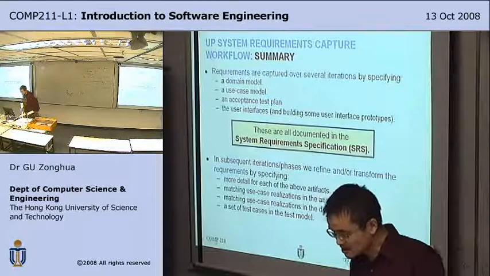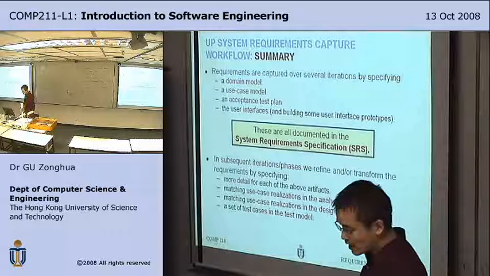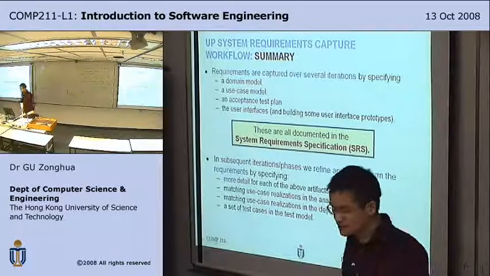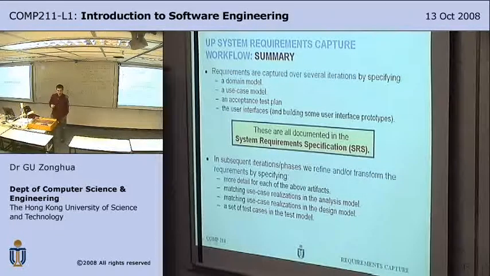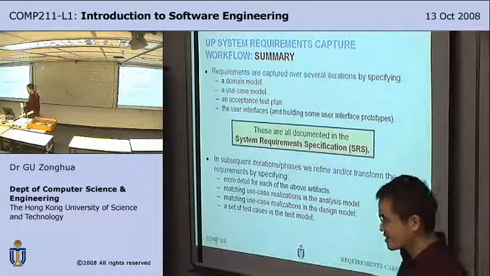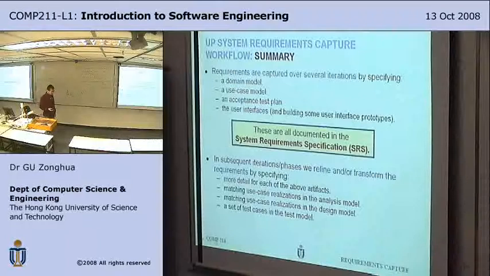And matching use case realizations in the analysis model and design model. So for a use case specification in the requirements document, you must design a realization for it. That is, design the actual software structure to implement the specification.